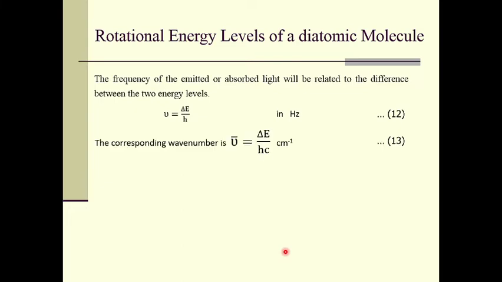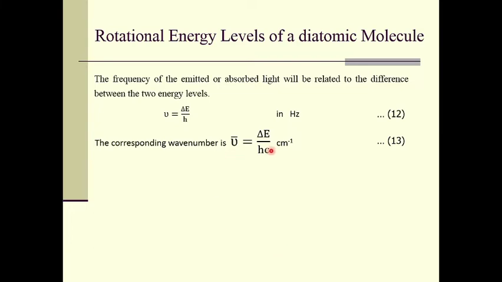So the corresponding wave number is nu bar, so we divide this nu by the velocity of light c, so we get the wave number. So wave number is equal to delta E upon hc, right?